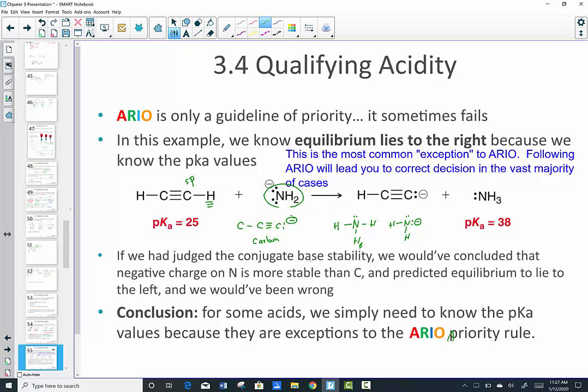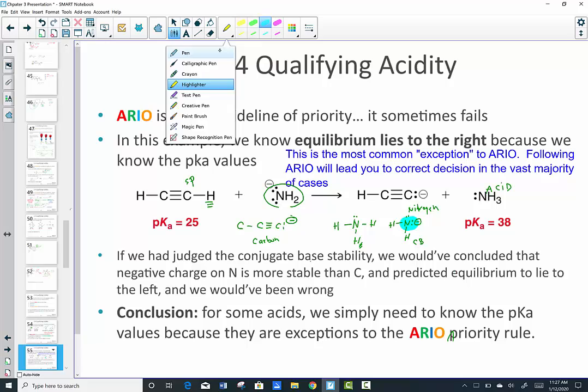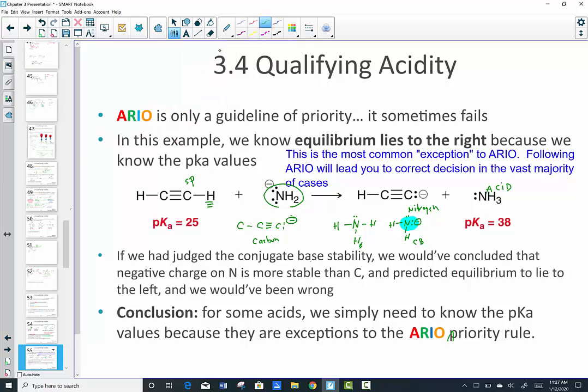So just remember this guy, even though it's attached to a carbon, he's a strong acid. Just look for that and you'll be able to use it. And also know you'll have a pKa chart. So when in doubt, just look up the pKa values. There's always an exception to any rule. This is just one exception I wanted to show you, where based on structure, I would predict the stronger acid to be the nitrogen because it's more electronegative and should be able to stabilize the charge better.